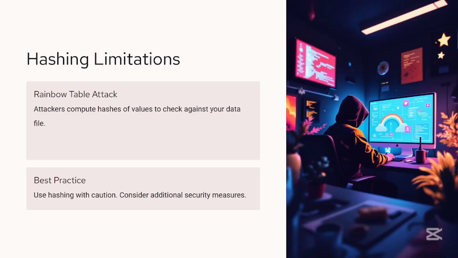So, what are the hashing limitations? Hashing is subject to rainbow table attacks. How are these rainbow table attacks carried out? Attackers compute hash values to check against your data file.